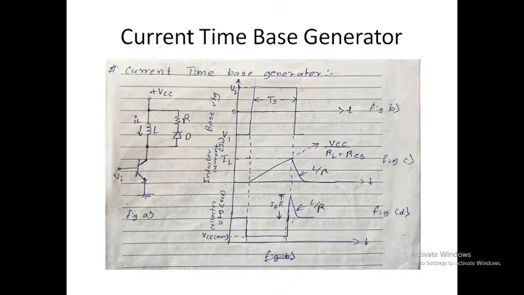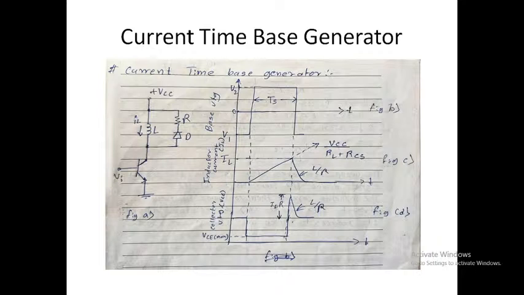During that, diode D does not conduct during the sweep because it is reverse biased.